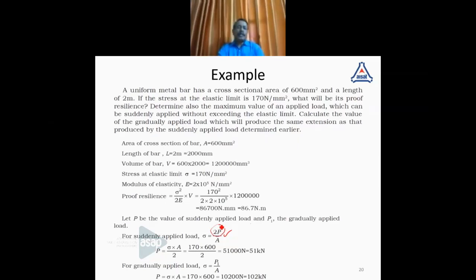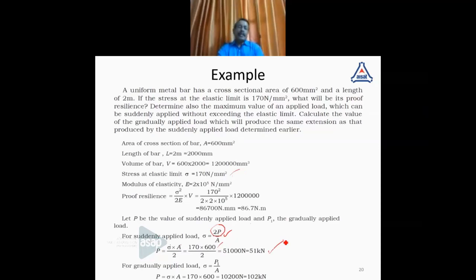And if you consider it like this, we can determine P from the values of sigma and A which are available. Sigma is given as 170 and cross sectional area is given as 600. Using that, we can say 51 is the suddenly applied load.